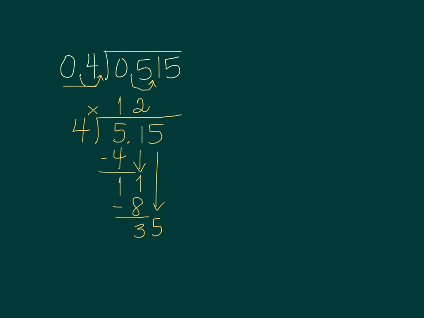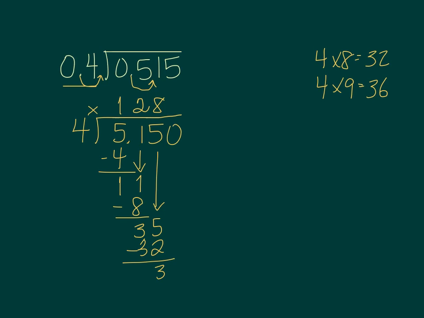Well, let's try something bigger. 8 times 4 is 32. 9 times 4, let's figure that out because sometimes I need to do this on the side. So 4 times 8 is 32, and 4 times 9 is 36, so 9 is going to be too much. So it's going to be 8. 4 times 8 is 32. And 5 minus 2 is a 3.